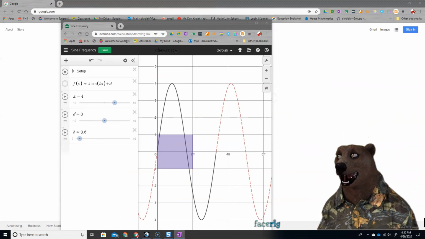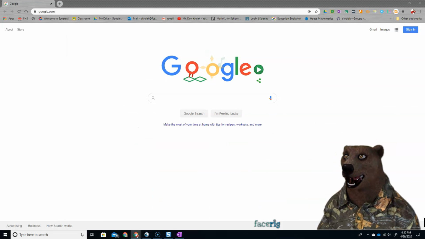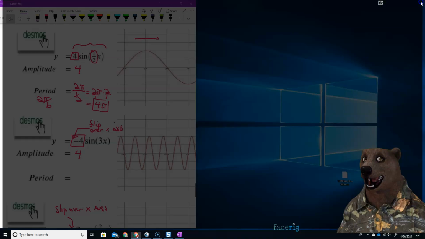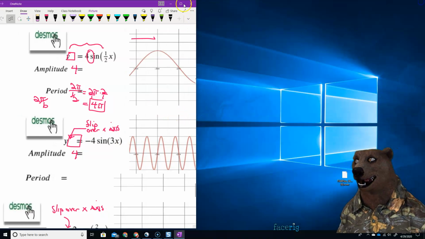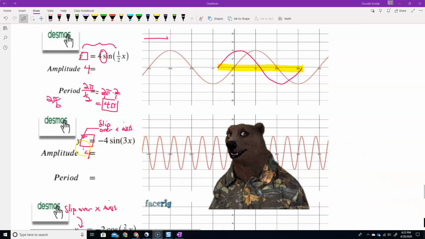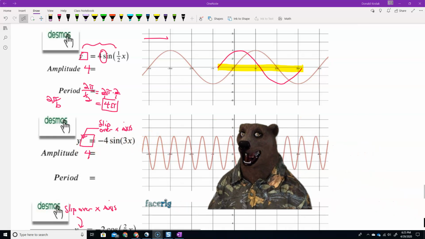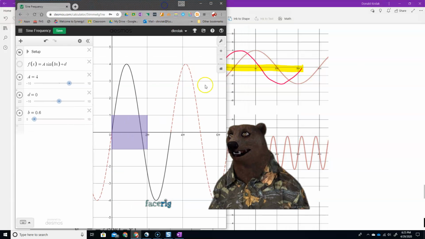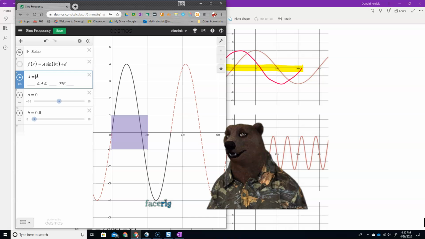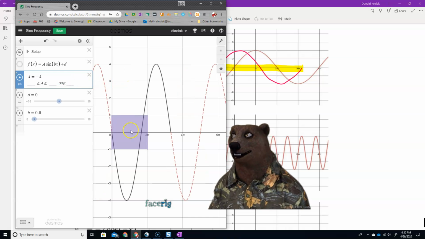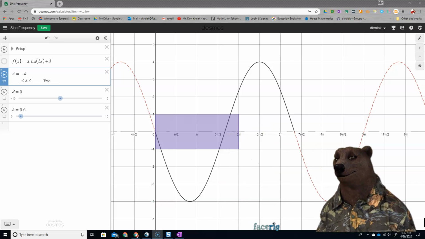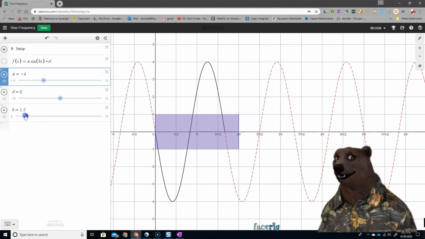Okay, the second one on here, you had -4, 3x. So I'm going to take my graph here, and I'm going to make this -4. That's my A value. You see that flipped it. And now I'm going to make my B value 3.